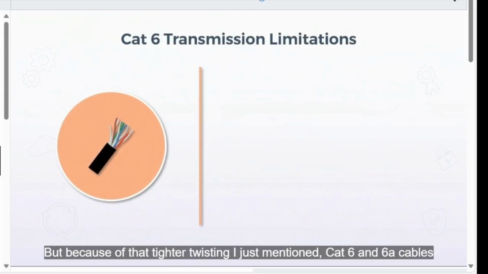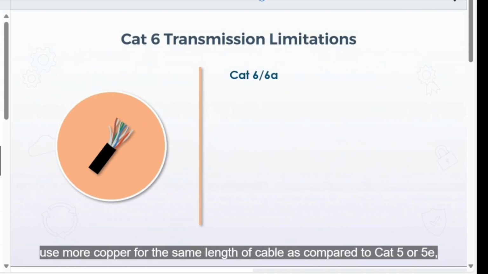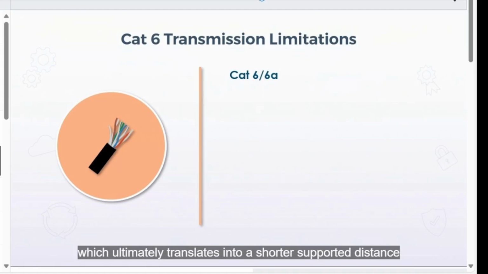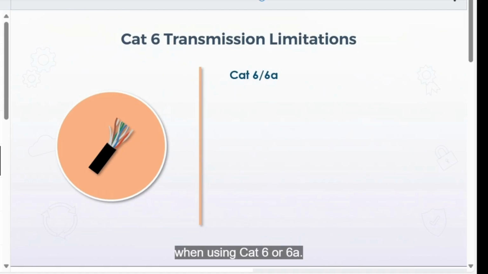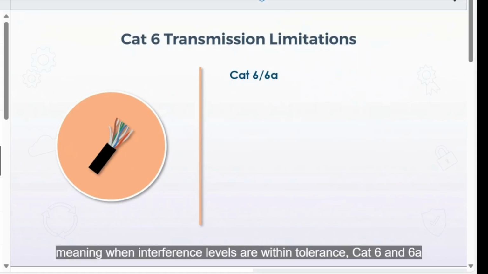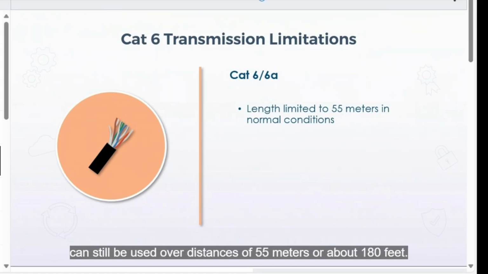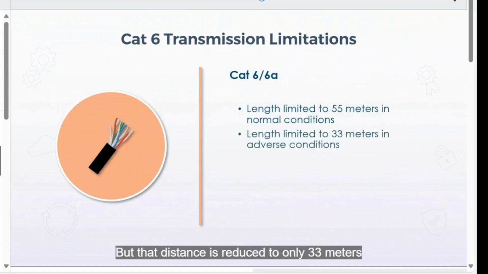But because of that tighter twisting I just mentioned, Cat 6 and 6A cables use more copper for the same length of cable as compared to Cat 5 or 5E, which ultimately translates into a shorter supported distance when using Cat 6 or 6A. In normal conditions, meaning when interference levels are within tolerance, Cat 6 and 6A can still be used over distances of 55 meters or about 180 feet, but that distance is reduced to only 33 meters or about 110 feet when interference is more prevalent.